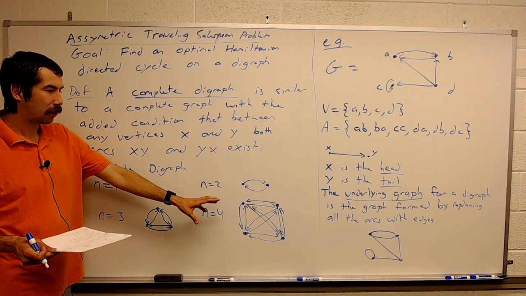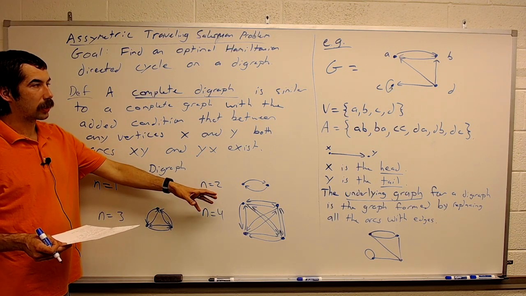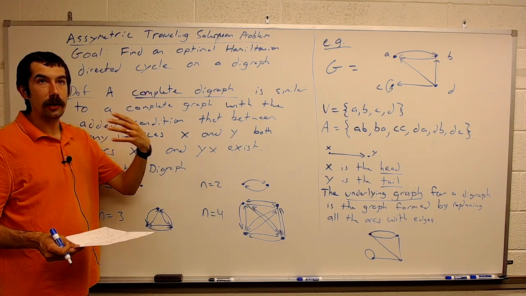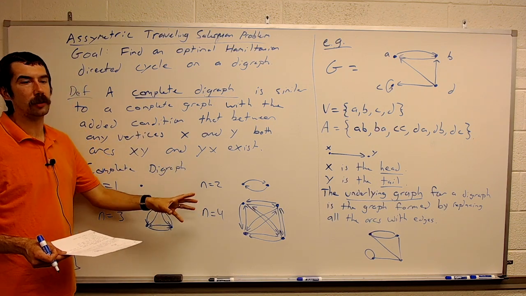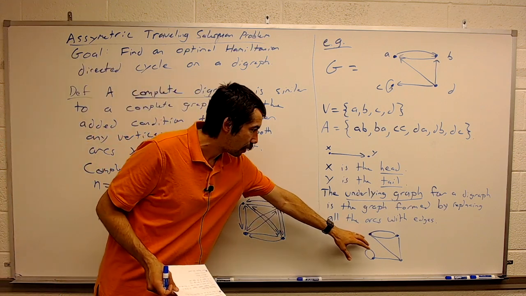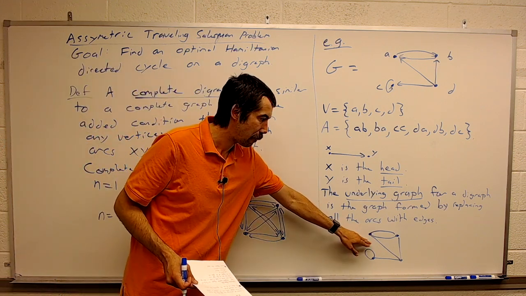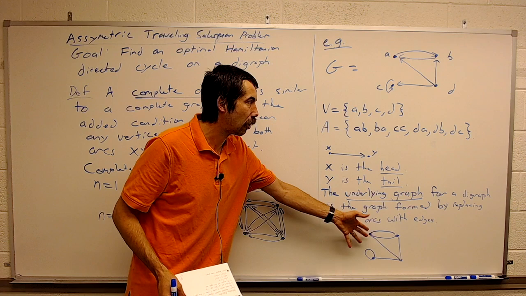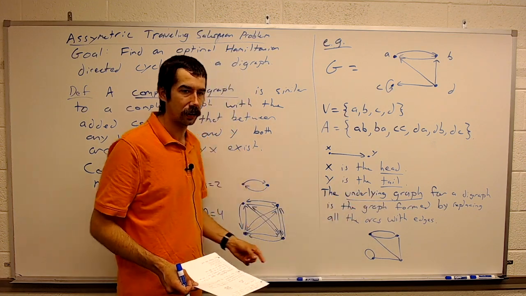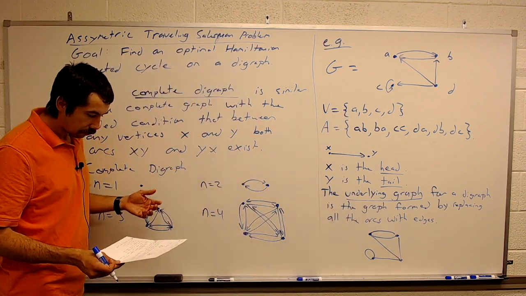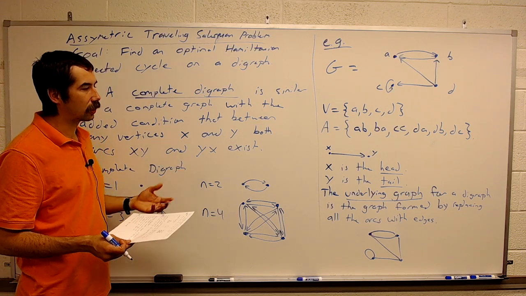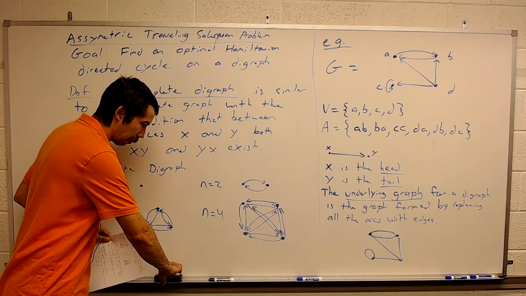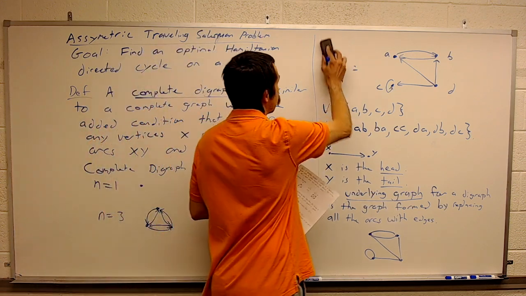It's going to take a graph and give us a new graph that doesn't lose any of the information from our directed graph. Right? When we found our underlying graph, we lost some information. We lost which ways the arcs were pointing. This undirecting algorithm is going to make it so we don't actually lose any information.